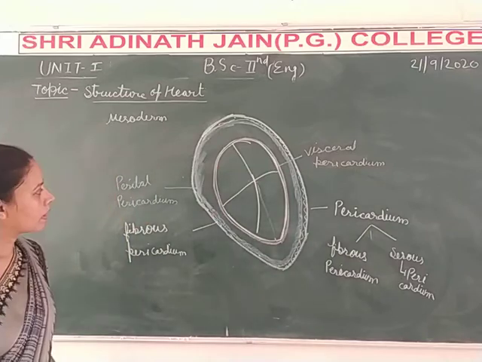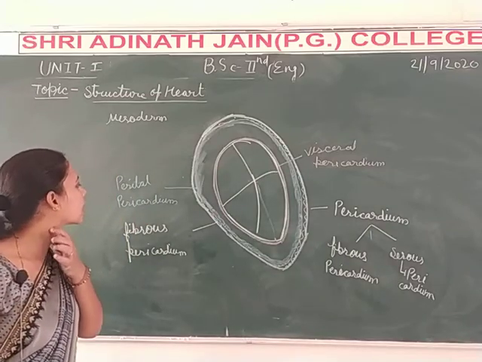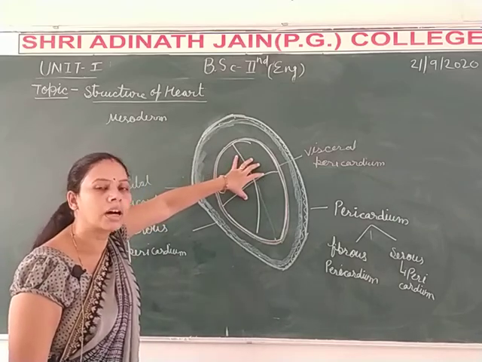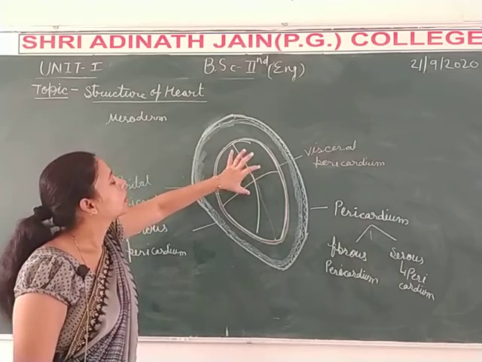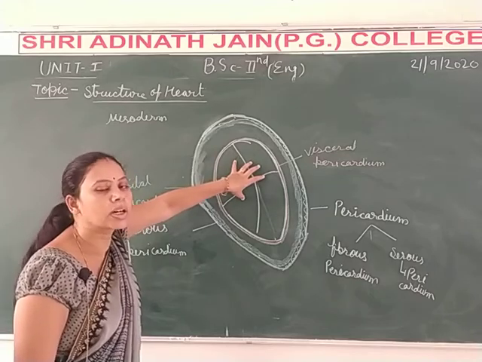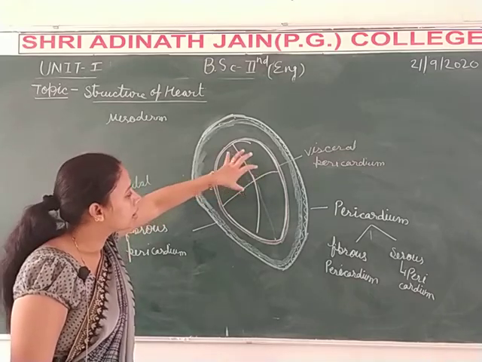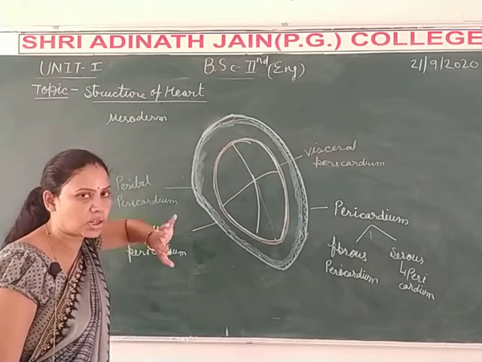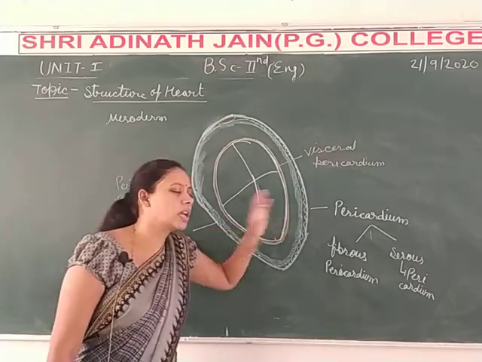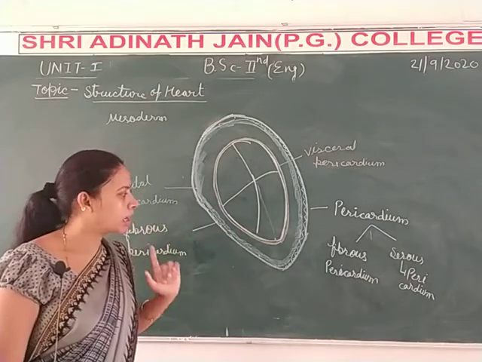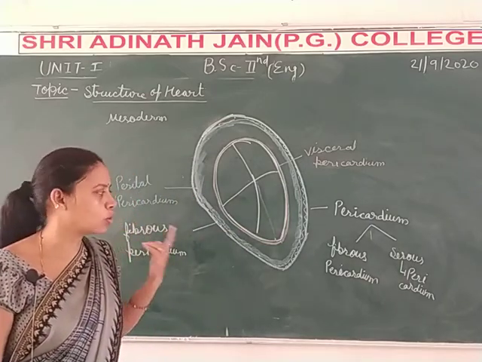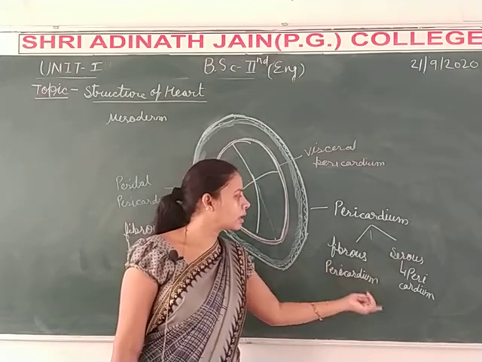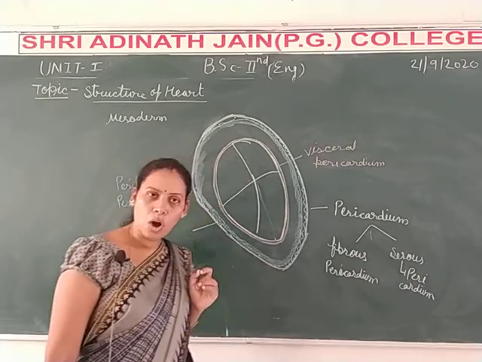ठीक है, again we are looking at this area, this is the heart. The heart is a muscular triangular structure. This heart is covered by a membranous structure known as pericardium. This pericardium is divided in two parts. The outer is the fibrous pericardium and the inner is the serous pericardium.